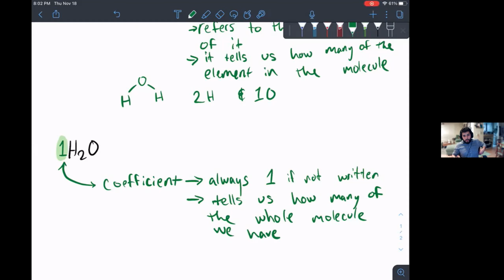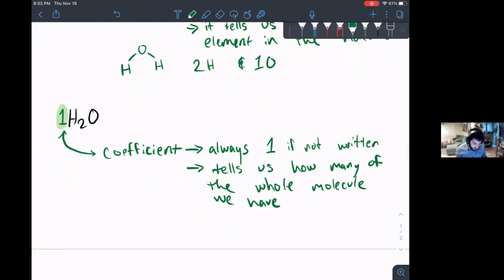This is super important because having 1 water molecule is good, but sometimes we could have 2 H2O, which tells us that we have 2 water molecules. They are separate, each their own entity, but in total, in 2H2O, we have 4 hydrogens and 2 oxygens.